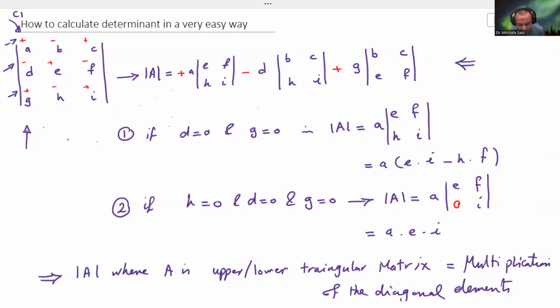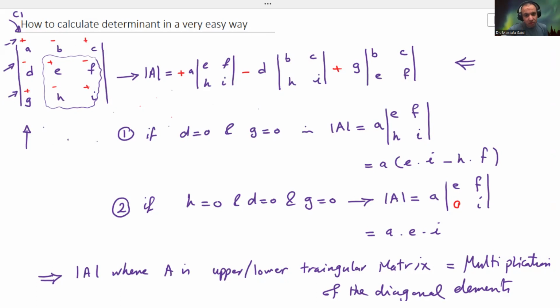So the basic formula, if we find the determinant based on column one, will be A, multiplied by the positive sign, multiplied by the determinant of the 2 by 2 submatrix E, F, H, I. And how do we find the submatrix?